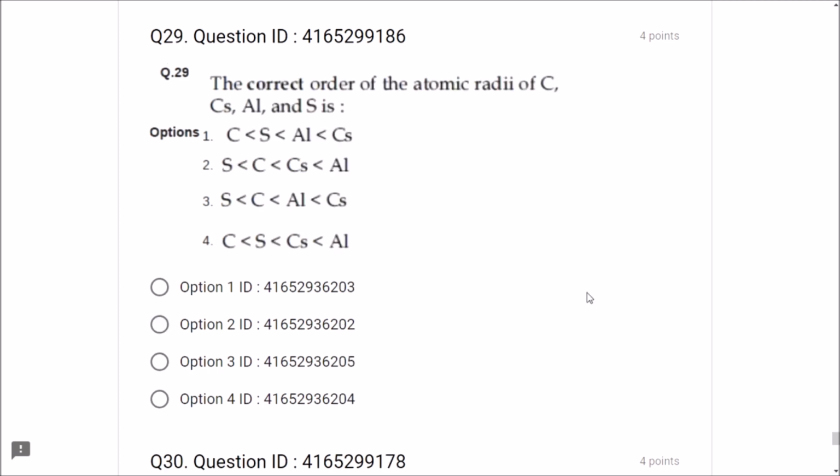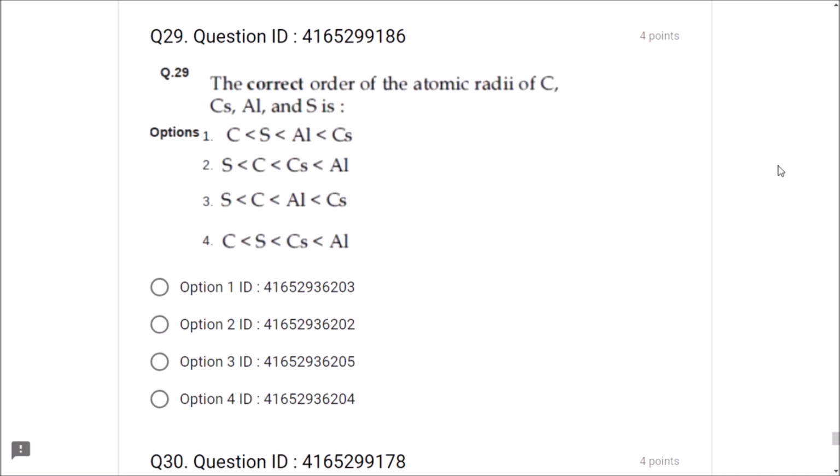Next, the correct order of the atomic radii of carbon, cesium, aluminium and sulfur. Cesium is an s-block element. As we know, atomic radii increase from top to bottom, and atomic radii decrease from left to right.